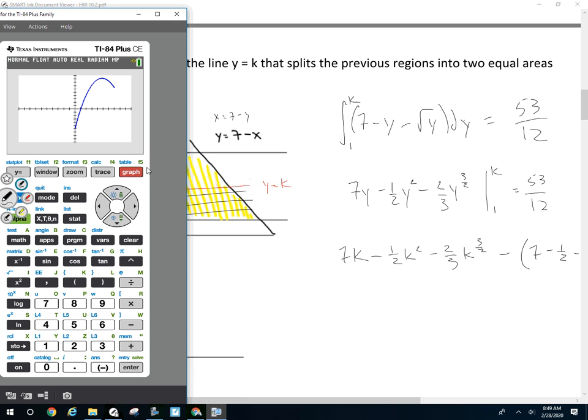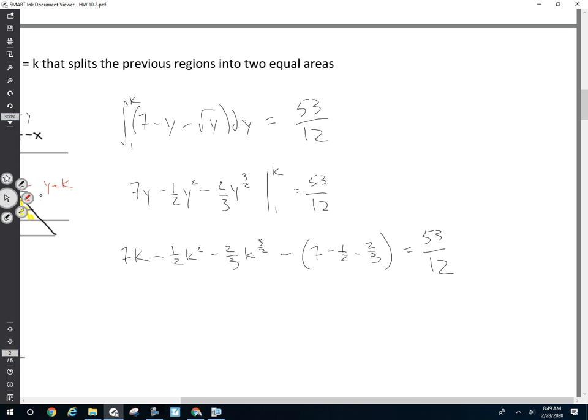So I'm looking for something like 2, I think. Second, calc, intersect. I'm looking for this intersection. Enter, enter, enter. 2.038. That looks good to me. .038.